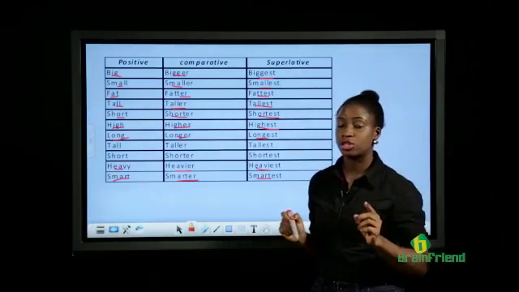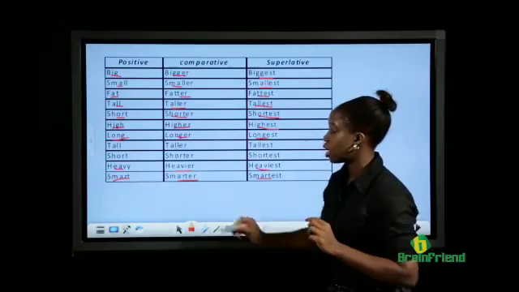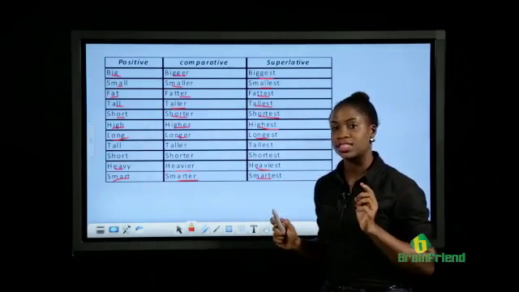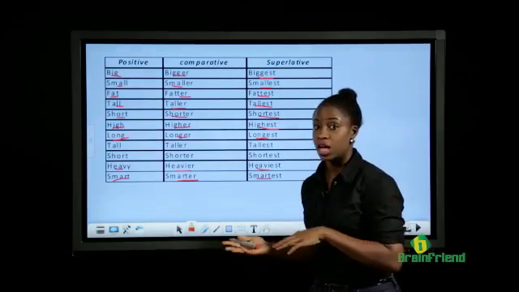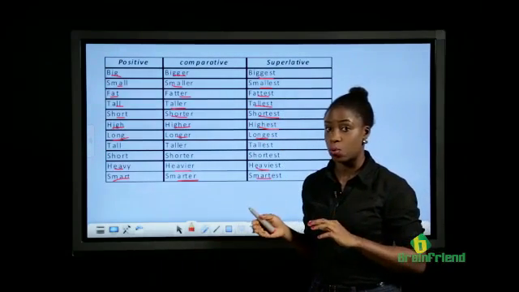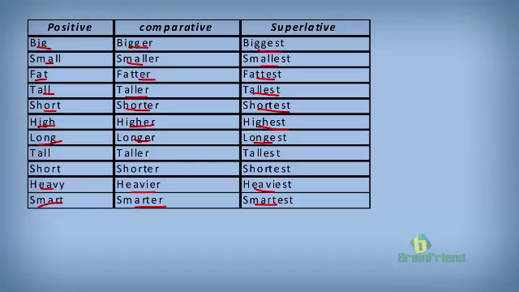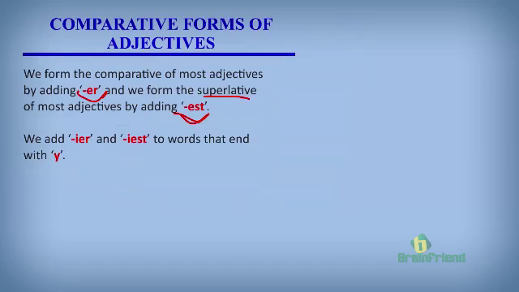Now, let me draw your attention to something very important. When you have an adjective that ends with a Y, you remember what we do to verbs and nouns that end with Y. We do the same thing for adjectives. When you have an adjective that ends with a Y, you replace the Y with I and then you add ER for the comparative form. And for the superlative form, you replace the Y with I again and then you add EST.